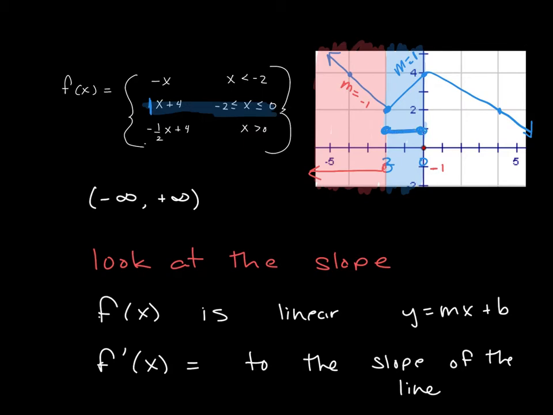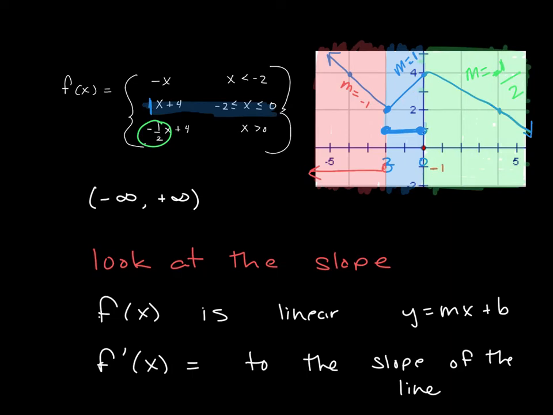And again, the slope of the tangent line is the slope of a line. And then the last one has a slope of -1/2. So everything inside the last region has a slope of -1/2. And that's the slope in the region here.